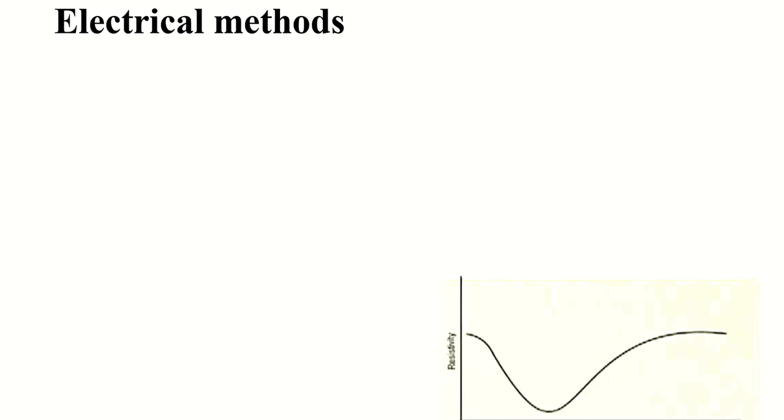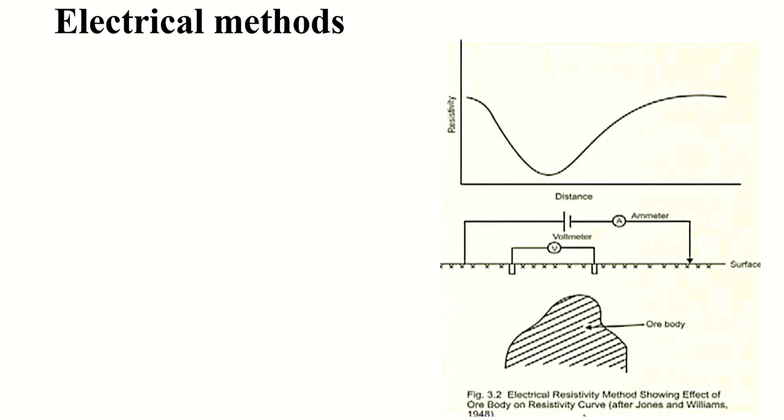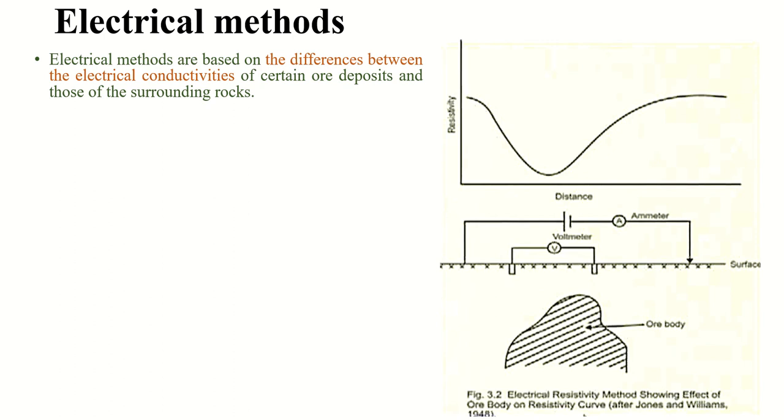The second method is the electric method. The electric method is based on the conductivity difference between the ore body and the adjacent rock. The ore body has higher conductivity, but the adjacent rock has lower conductivity and higher resistivity, while the ore body has lower resistivity and higher conductivity.